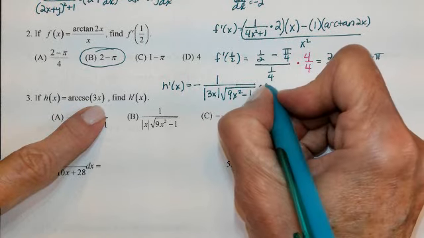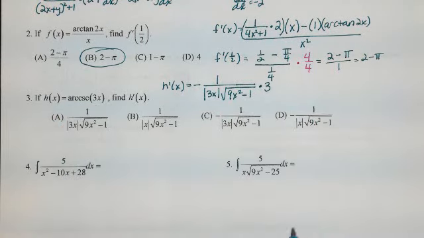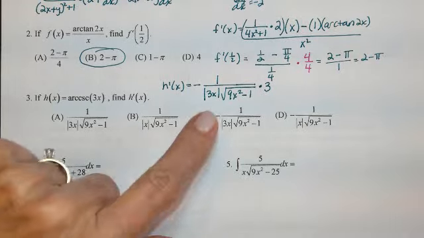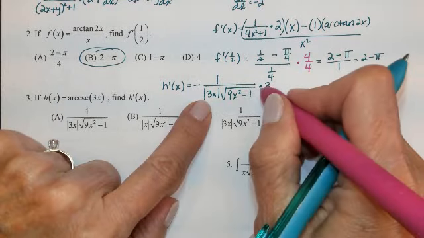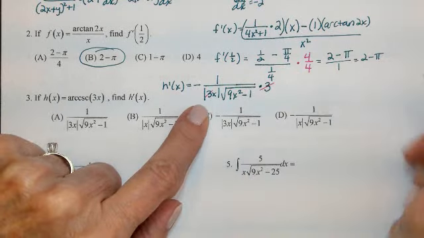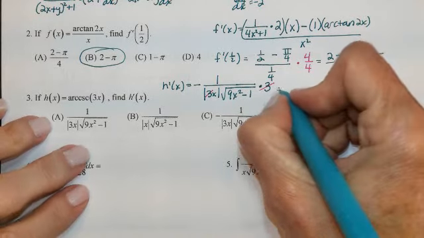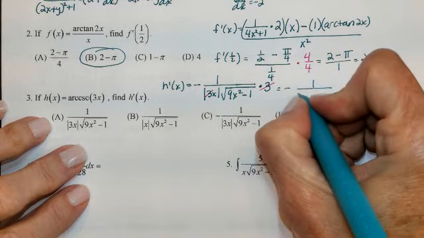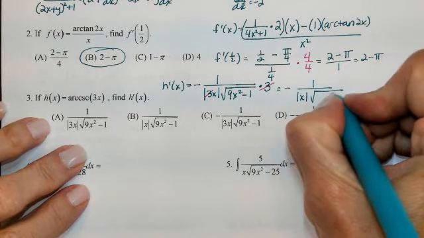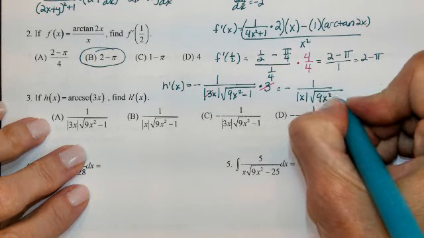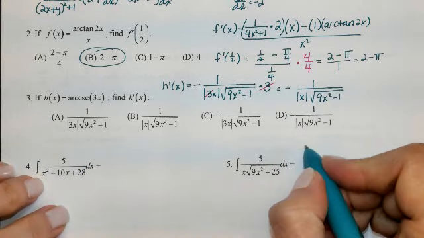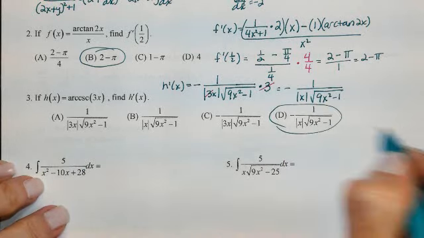Because it's chain rule, so we have to multiply by 3. Okay, this 3 can cancel with this 3, so we're left with negative 1 over absolute value x times the square root of 9x squared minus 1, and that answer choice is right there at D.